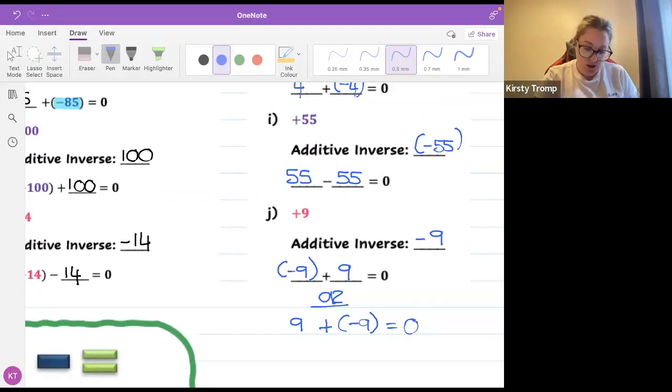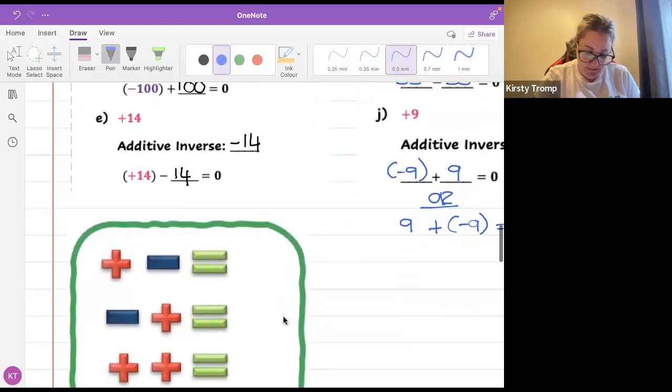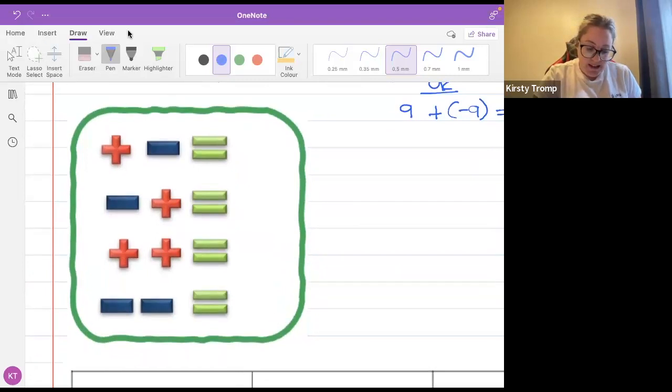A nice rule for us to always know in mathematics is the following. When I see a positive and a positive sign next to each other, and some of you might have done this in school yet, some of you might not have, I'm going to go to that one first because I always find that one a little bit easier to do first.